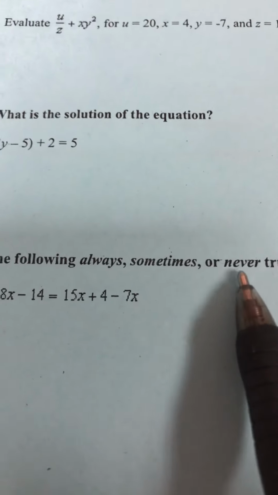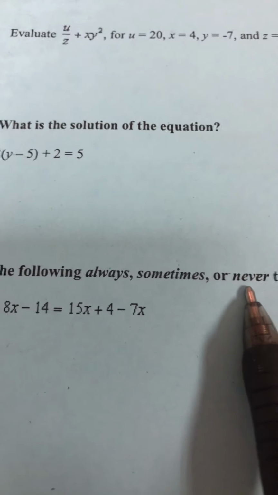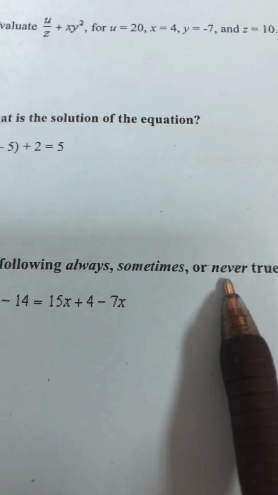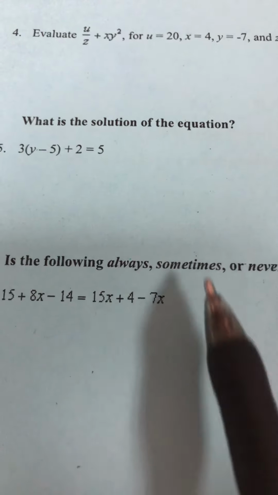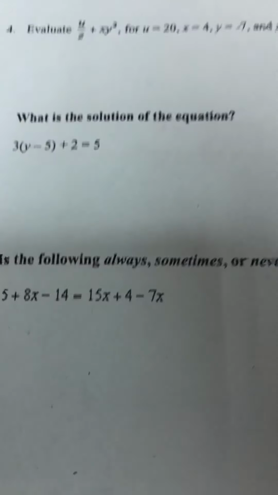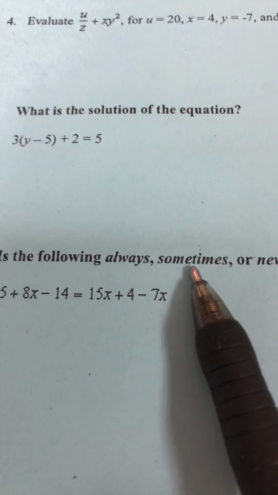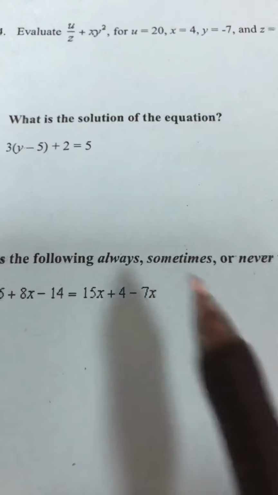If you have something that comes up weird, like 3 is equal to 10, that's never true. If you get one number, like x equals 5, then that means sometimes it would be true, okay? So figure out your always, sometimes, or never for number 6.